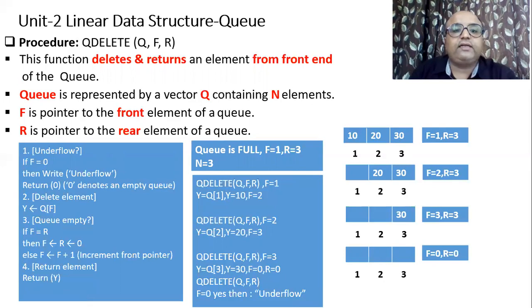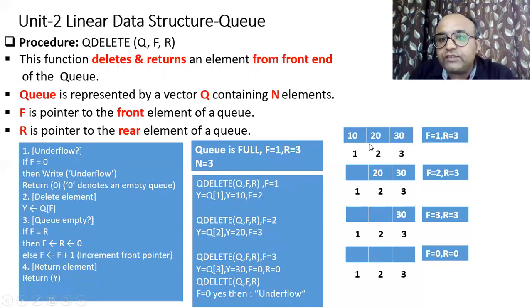Now let's start. Suppose the first request of delete operation is coming: Q delete QFR. In this case, there is no need to specify the element which you want to delete. By default, it will delete from the front end. When this request comes, we start the first step of the algorithm. We check for underflow: if f equal to 0.